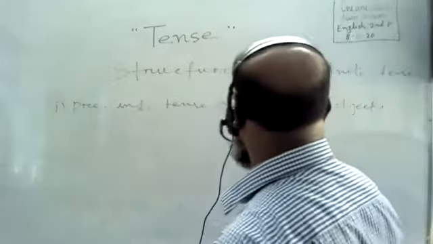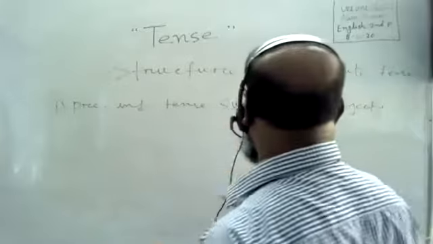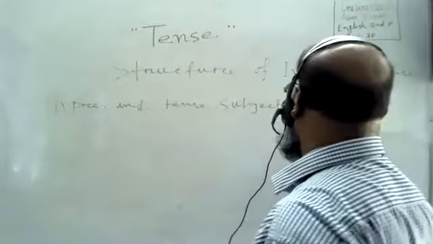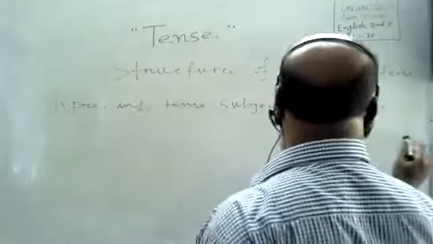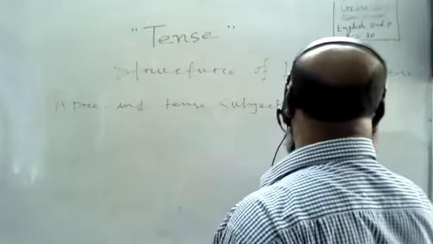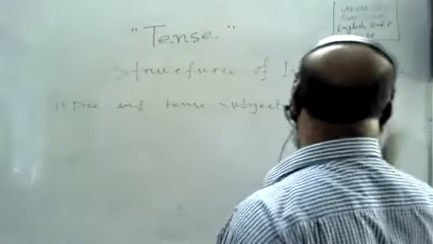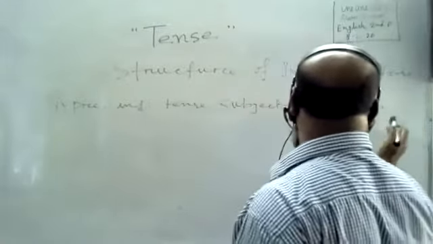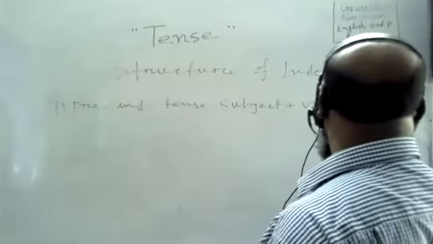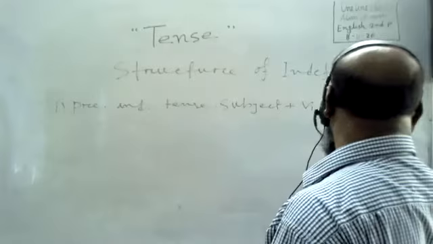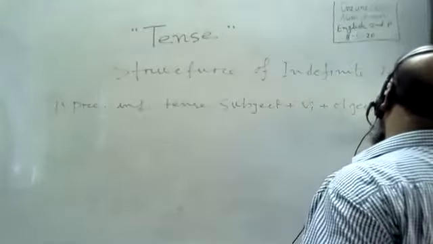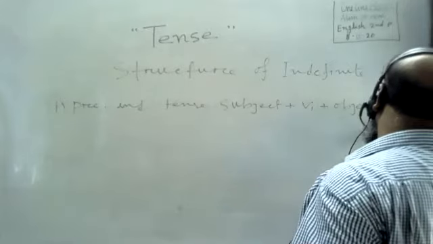But no matter how long the sentence, you should use this method. At first, subject plus V1 plus object. Then when you go to the other parts of the sentence, you will have to go with preposition.